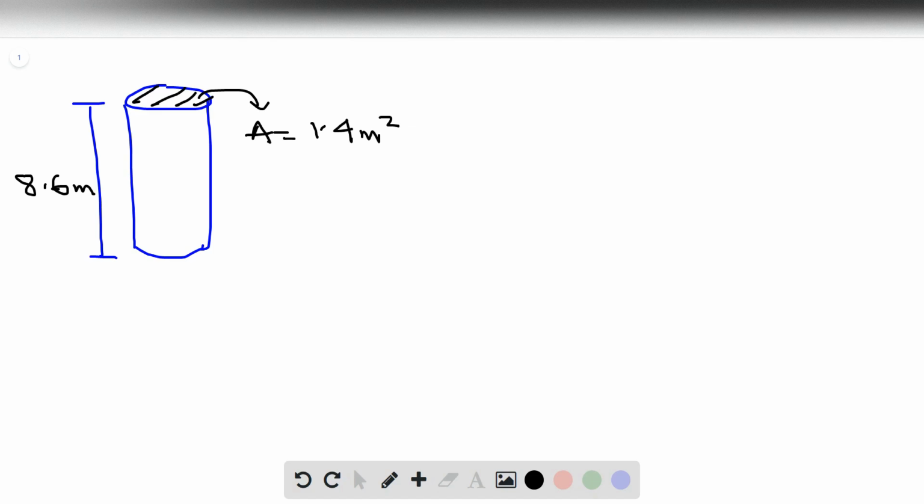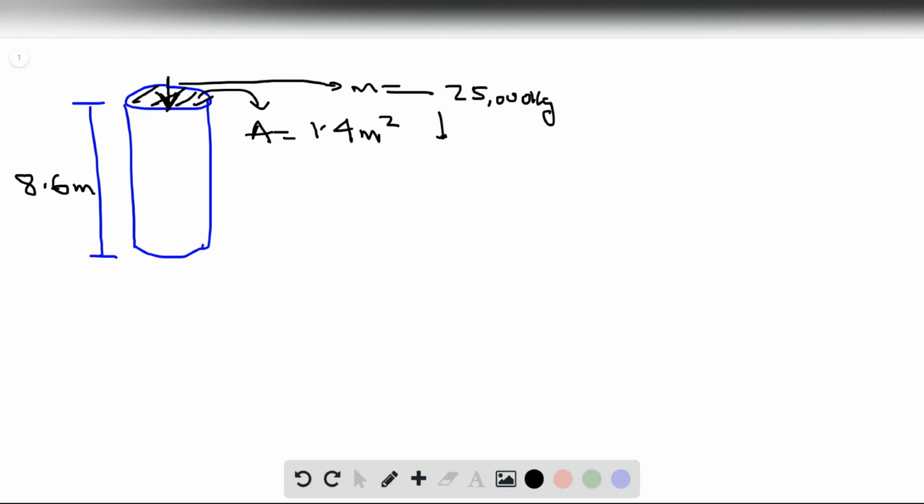It supports a mass placed on top of it, and that mass is equivalent to 25,000 kilograms. We can always change that right away into a force. So F equals mg.